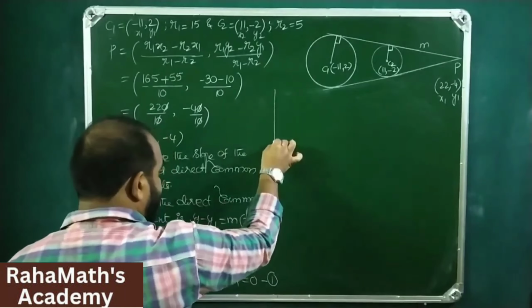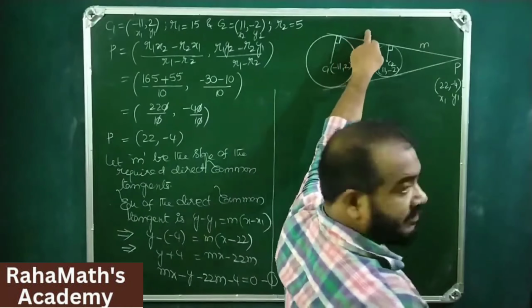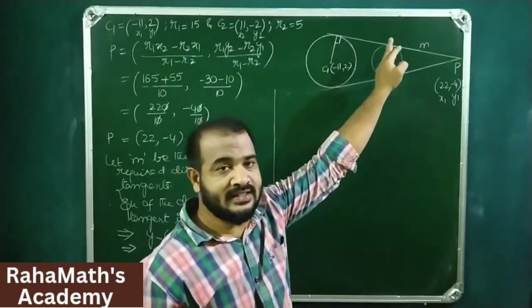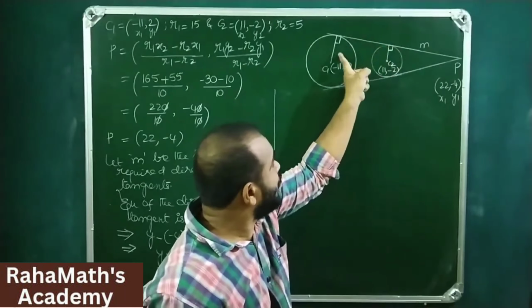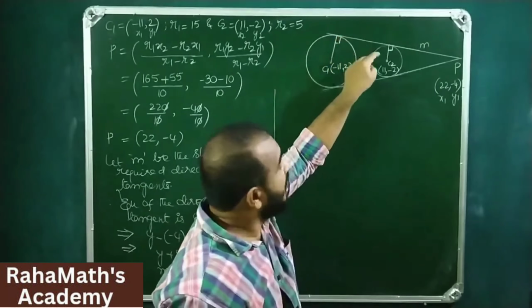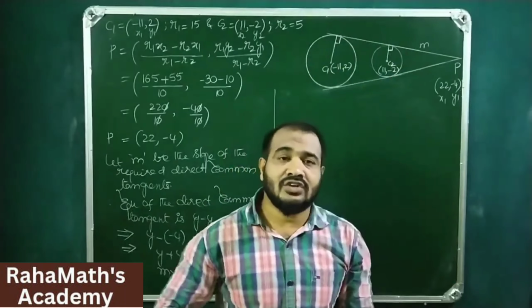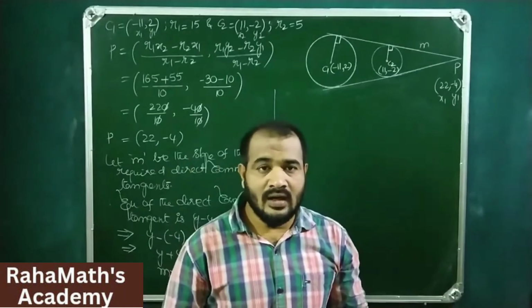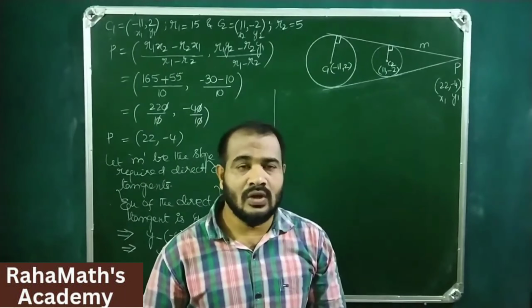Now, if you see this line, the required direct common tangents clearly touch both the circles. So this line touches this circle and this line touches this circle as well. So what is the condition for a line L equals 0 to be a tangent to the circle S equals 0?